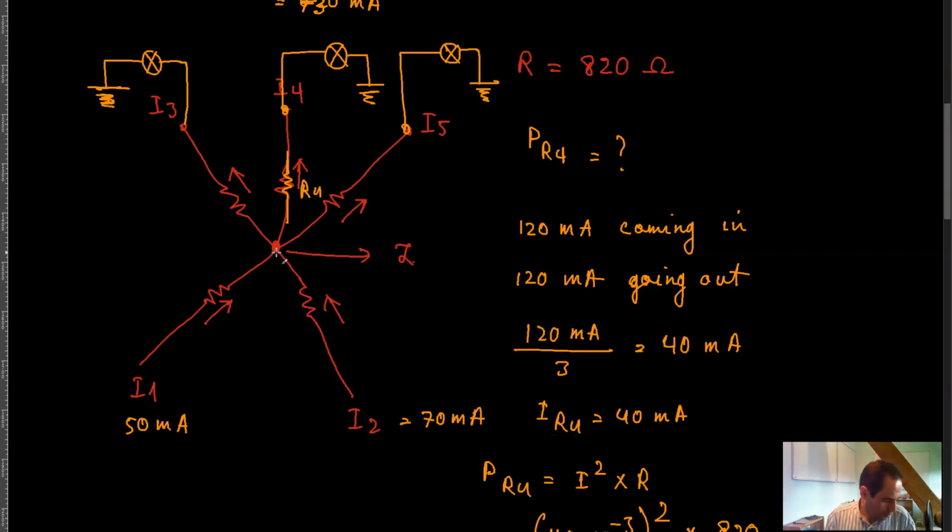Okay, so now the next question that we have is another question. Let me read the question myself first. Let's say that you have this circuit over here. You have a power supply, and this power supply is connected to a resistor over here.